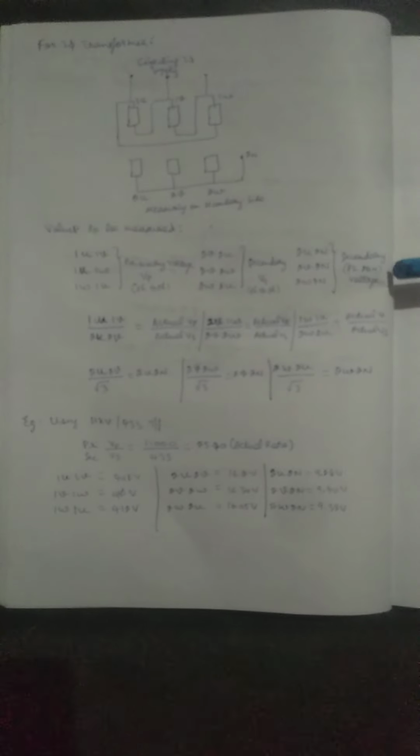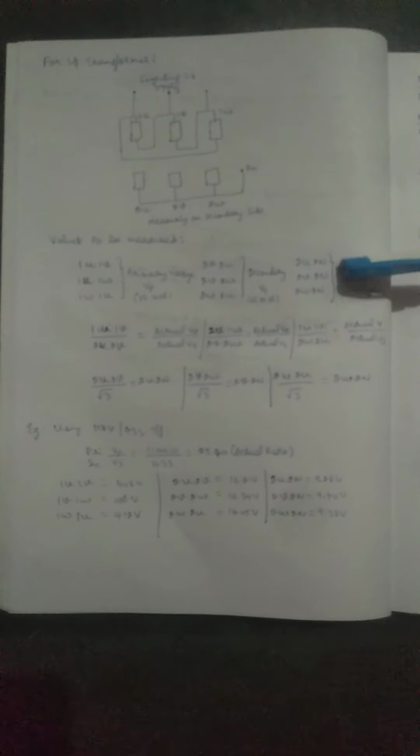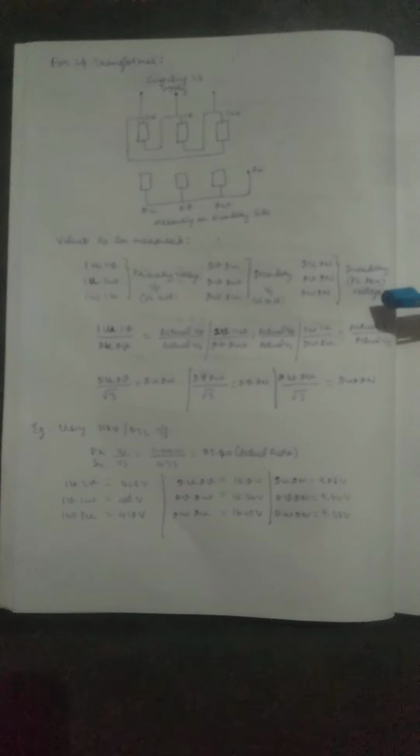Then secondary to neutral. Here this is a delta to star transformer, so I am also measuring the secondary side voltage, 2U 2N, 2V 2N, 2W 2N. The secondary side voltage is measured.